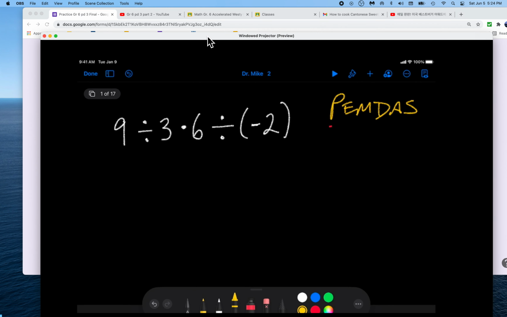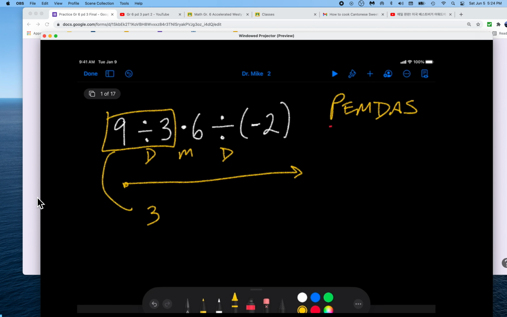Sometimes I think it's helpful to write it in. Division, multiplication, and division. We go to PEMDAS. What do we see? Multiplication is not before division necessarily. You go first come, first served. So we are going to move in this direction. We're going to do 9 divided by 3, which is 3.